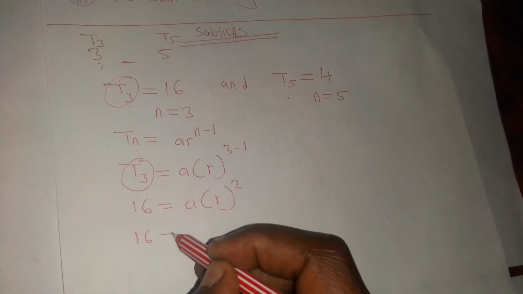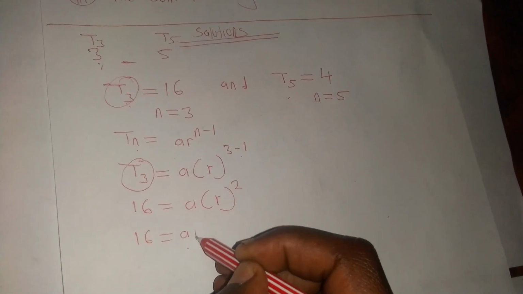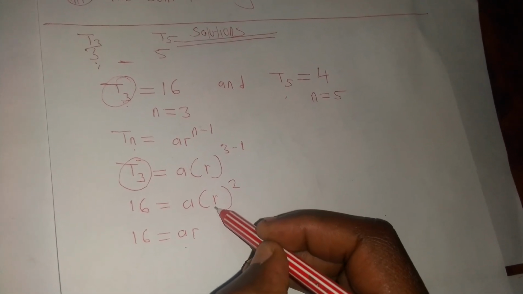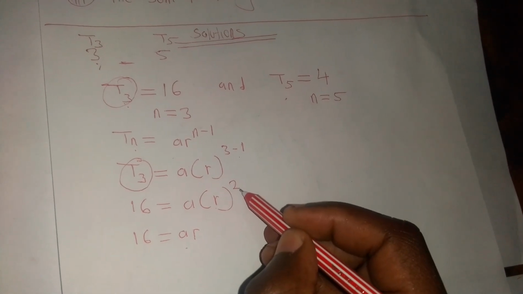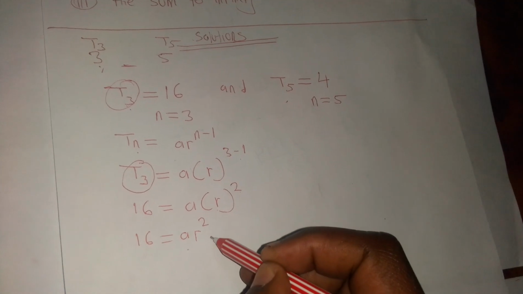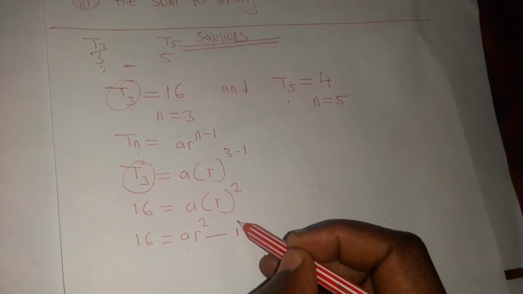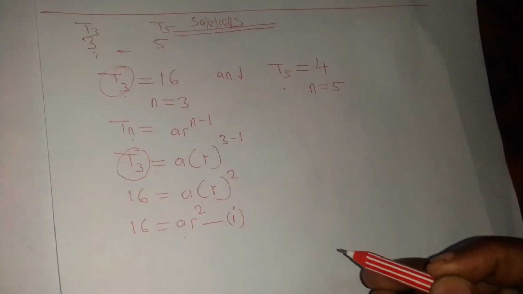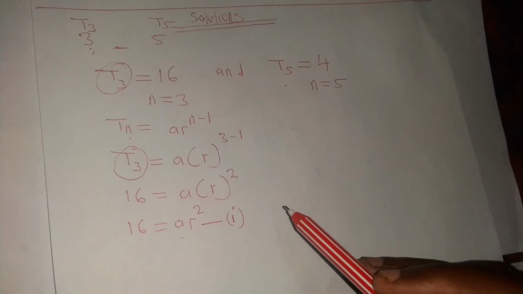Then we say 16 equals A r squared. This will be called the first equation. So we'll leave it here first.